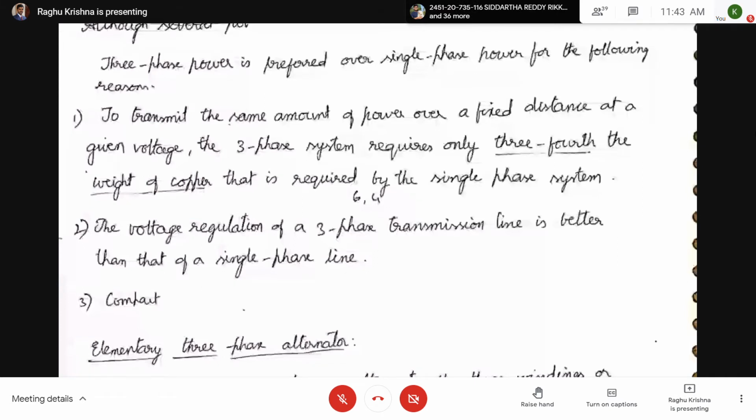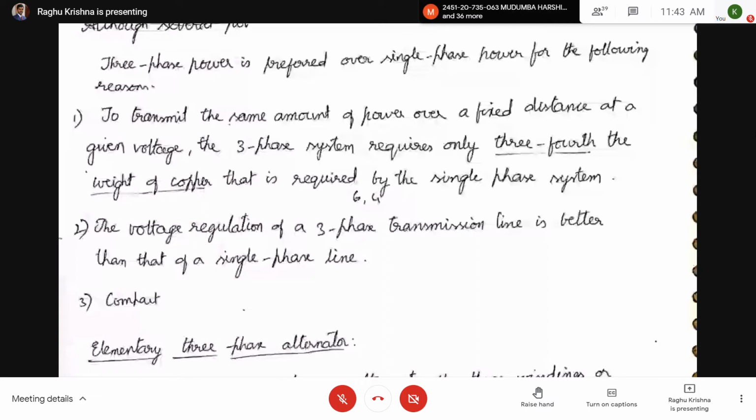So the amount of copper required is less. Next, the voltage regulation of a three-phase transmission line is better than that of a single phase line. Voltage regulation means the change of voltage with respect to the rated voltage, which would be less.